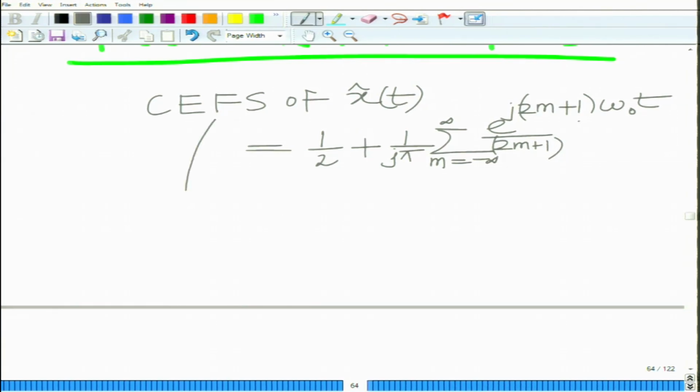Therefore, this implies the complex exponential Fourier series of x prime t, which is equal to x tilde t minus half.